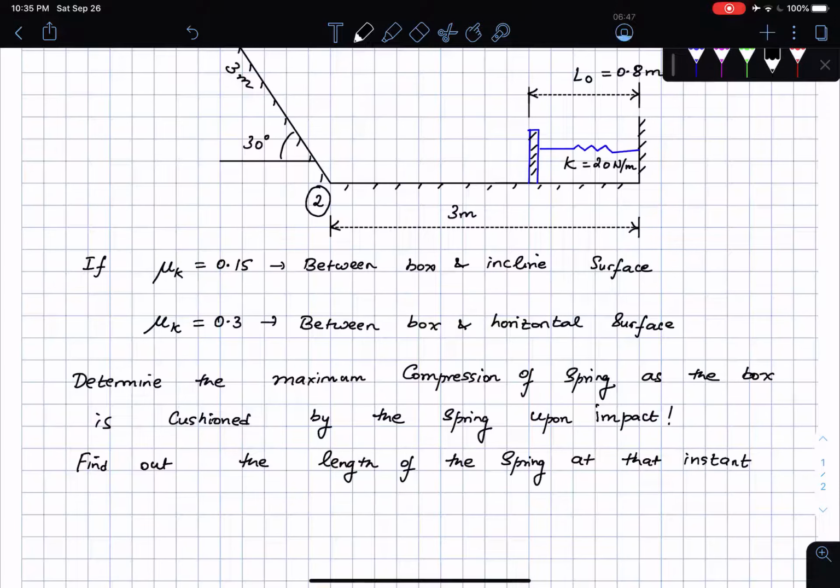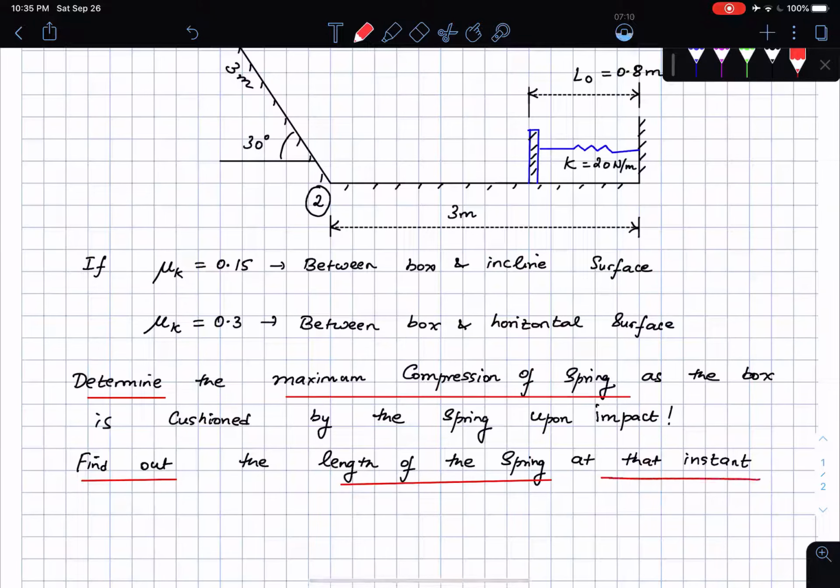These are the things that we need to find in this problem. What do we need to determine? The maximum compression of the spring, when the box comes and impacts upon the spring as it slides down and travels along the horizontal surface, and also the length of the spring at that instant.